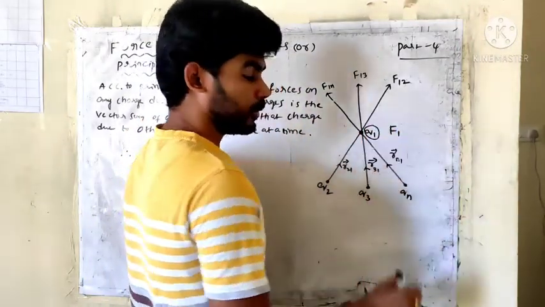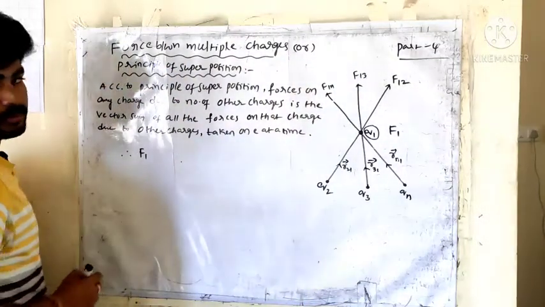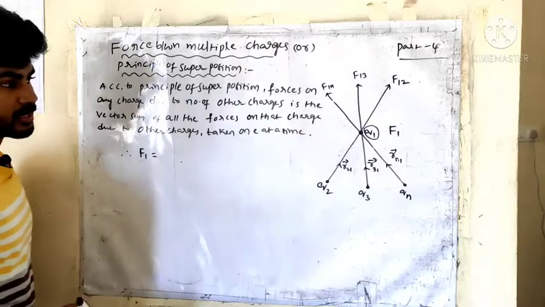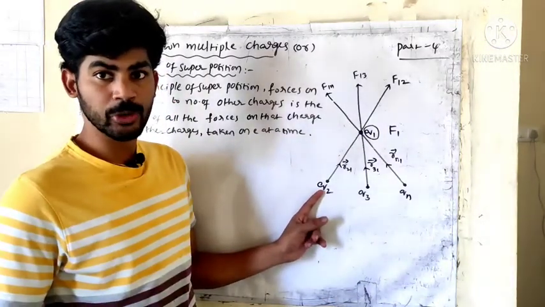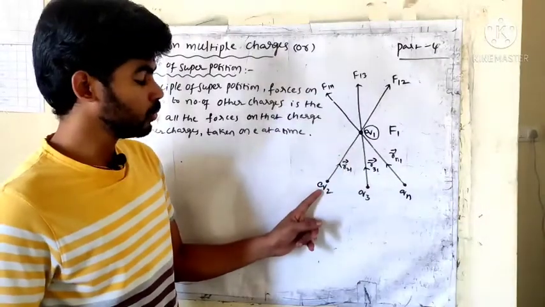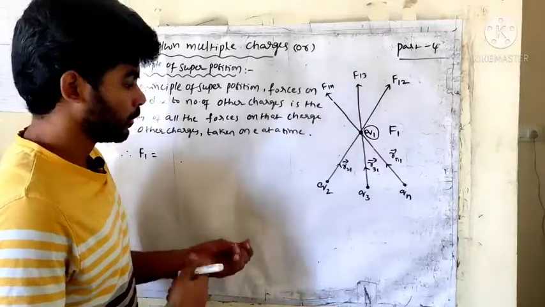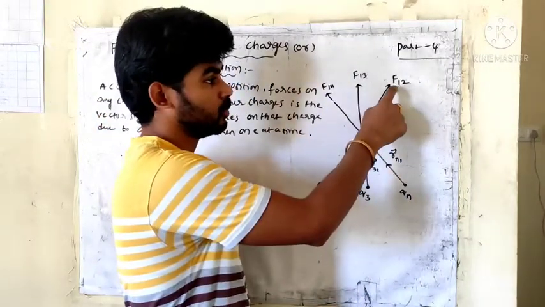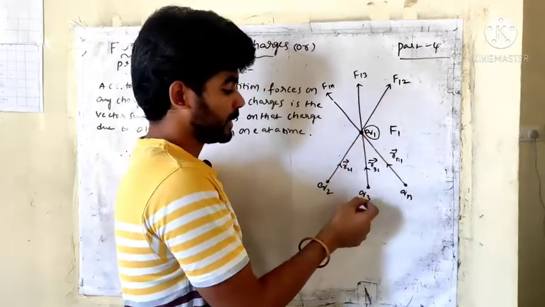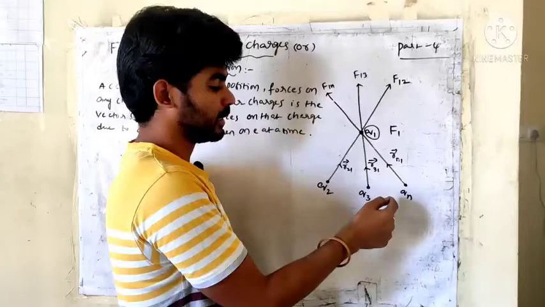Let us consider the total force on q1 to be F1. First I am taking the q2 point charge, which applies a force on q1. That force is F12. Similarly, the electrostatic force between q1 and q3 is F13.